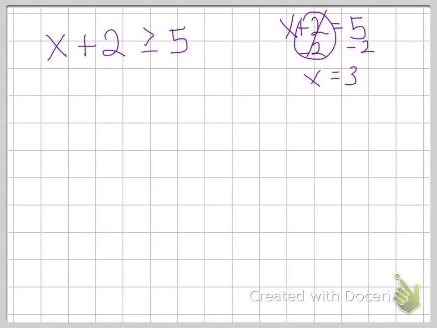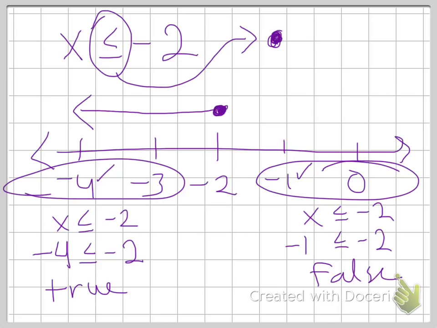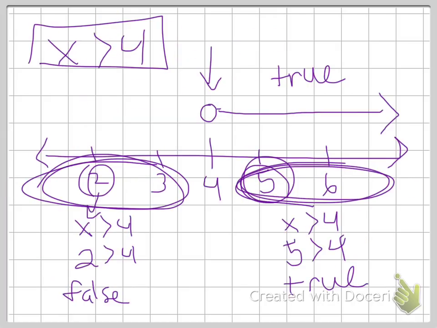So if you're given an inequality that you actually have to solve for, the first thing that you can do is pretend like there's an equal sign and solve it exactly the same way. This process gives you your boundary point. Your boundary point is, in these last ones, the thing that you use with the circle.